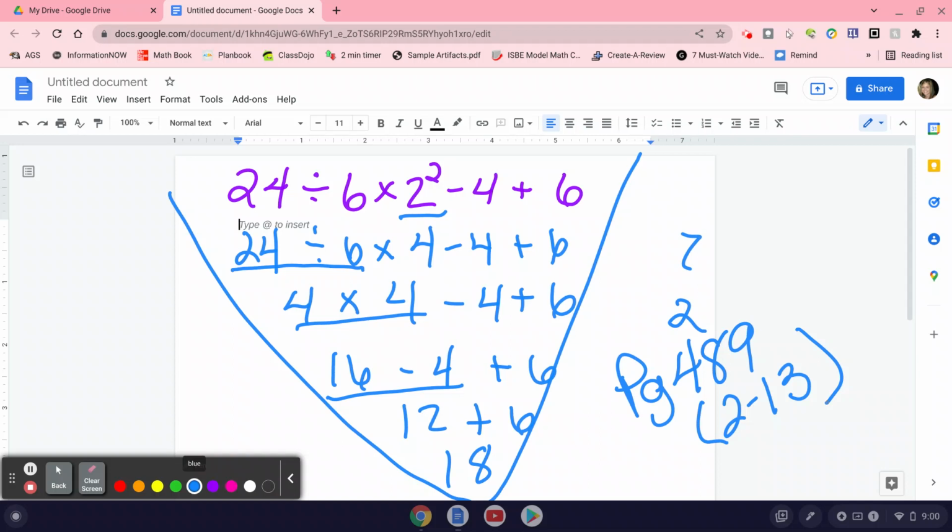Does neatness matter on this? Yes. You have to be able to read your own writing to get to the right answer, okay? So you're doing problems 2 through 13. Sounds like a lot, but you guys will get probably most of it done right here, right now. So 2 through 13. You will have to flip over to the next page.